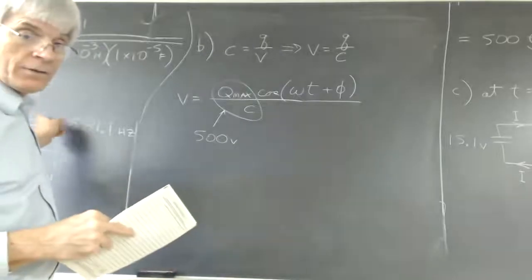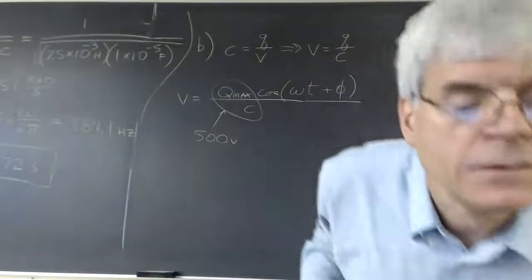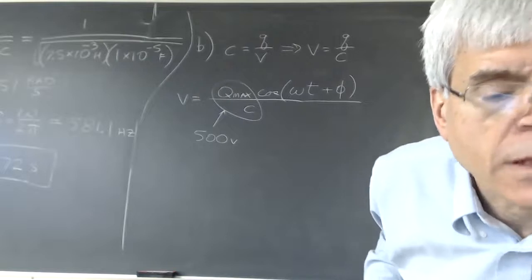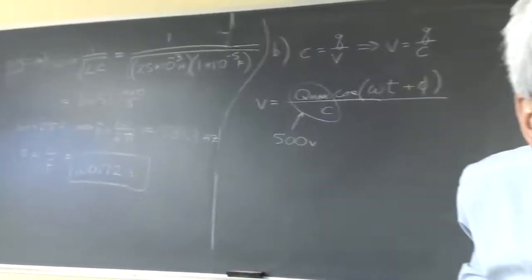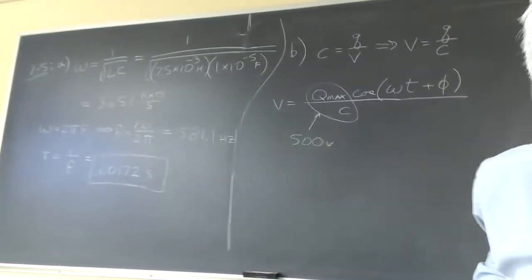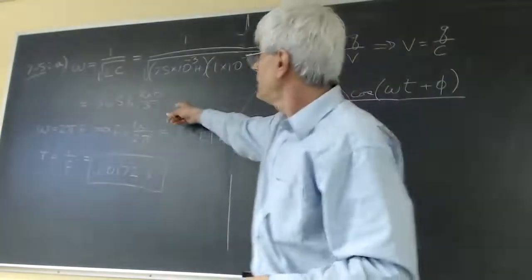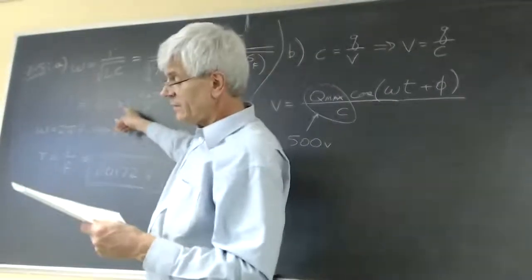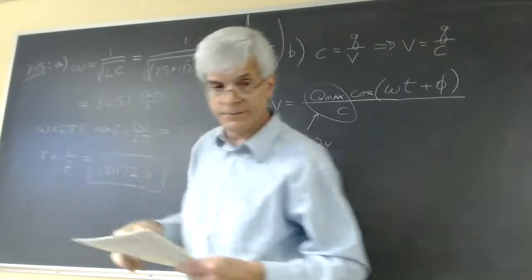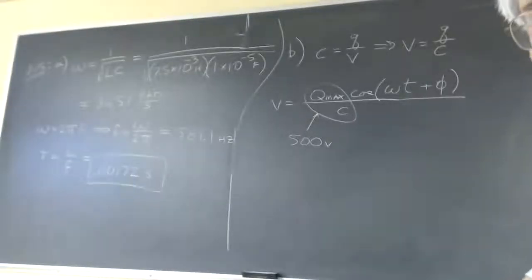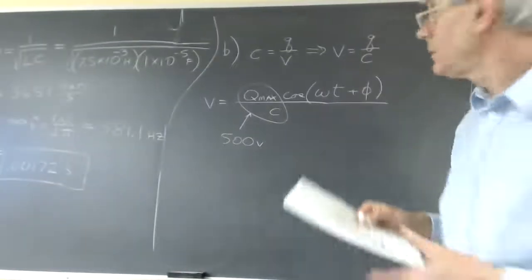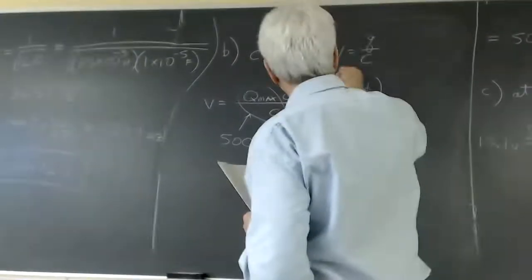And I determined, does that still show up? I can lean it over to the side a little more like that. We determined back up here that omega was 3651. So that's what'll go in there.